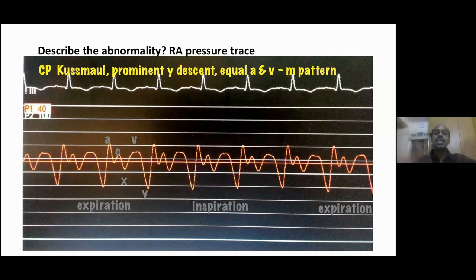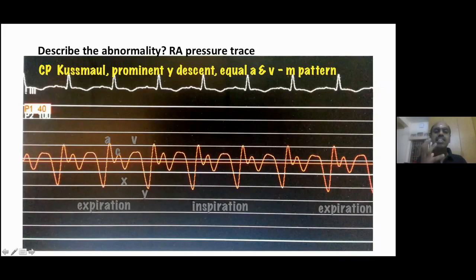Flow is increased, flow is preserved, but pressure is not transmitted. So when the pressure is not transmitted into the right atrium, the right atrial pressure remains the same, it does not fall. It's very important to understand this, because when I'm going to talk about RV systolic pressure, I will introduce more concepts. Now come to prominent Y descent.